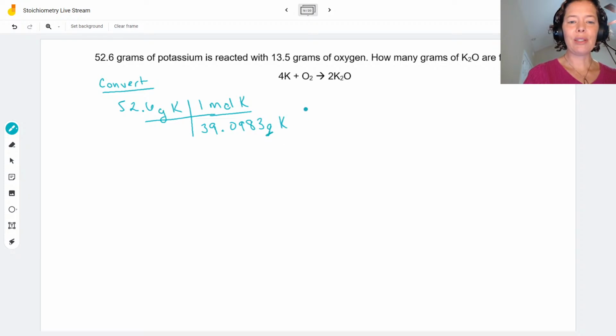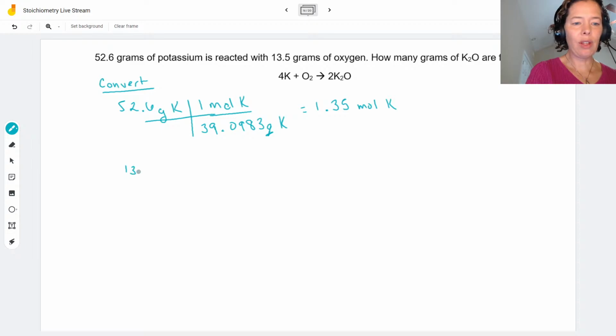Okay, so that means we have 1.35 moles of potassium.